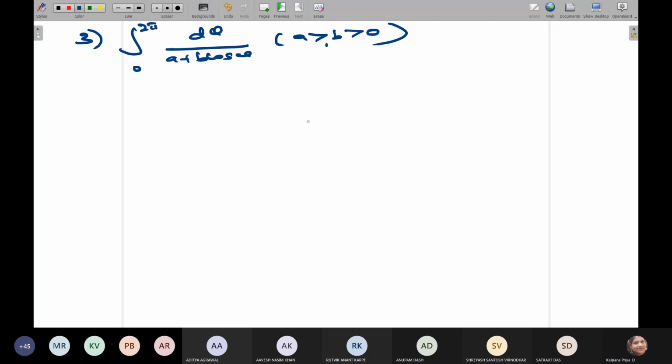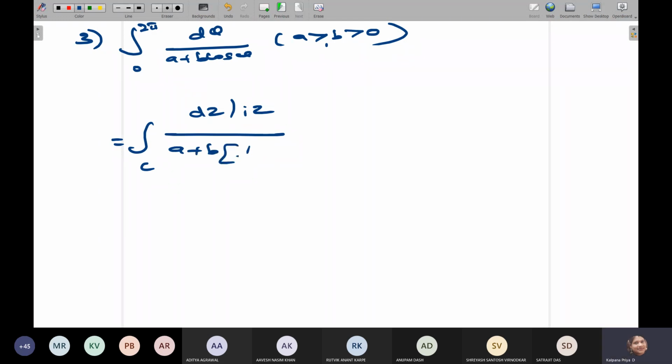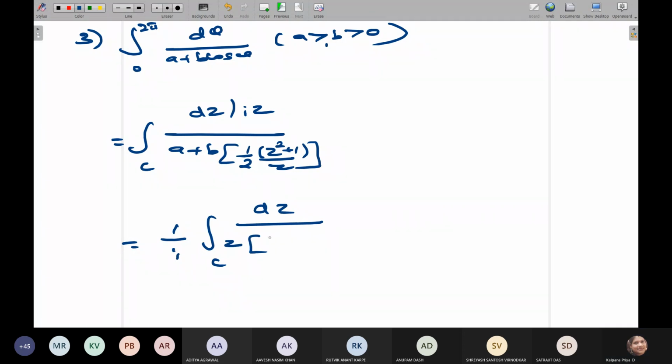Right. Now substitution. The integral over c dz by iz, a plus b cos theta, 1 by 2 times of z square plus 1 by z. Now 1 by i, you can take it outside. Integral over c dz by z, 2az plus z squared b plus b by 2z.